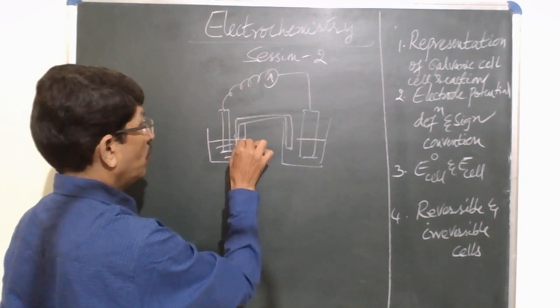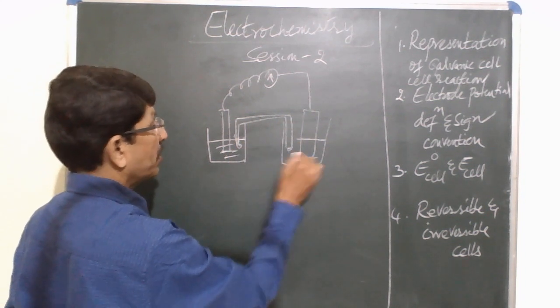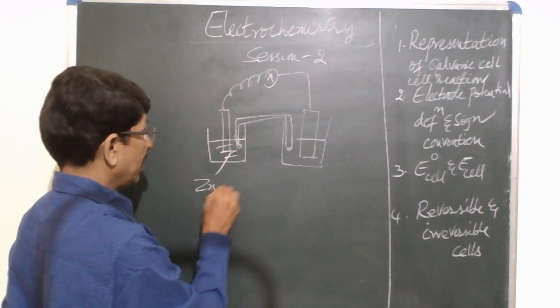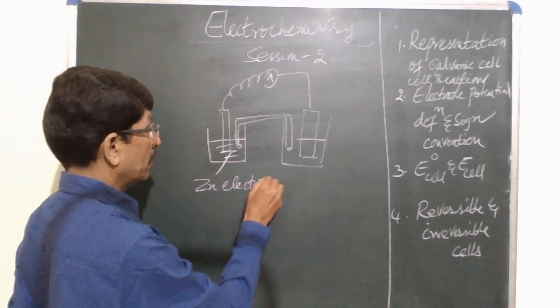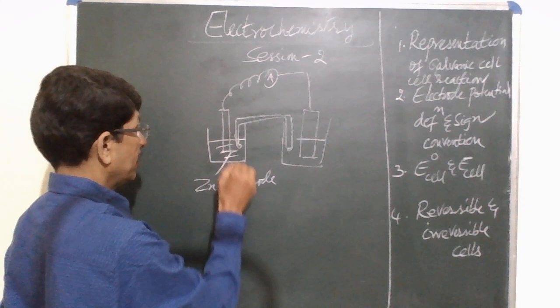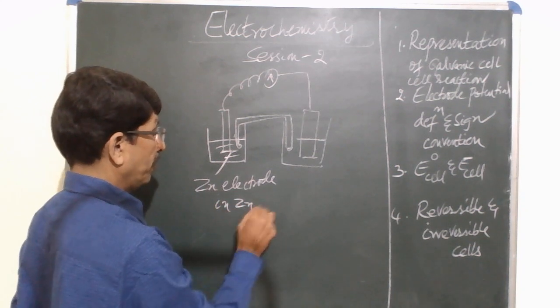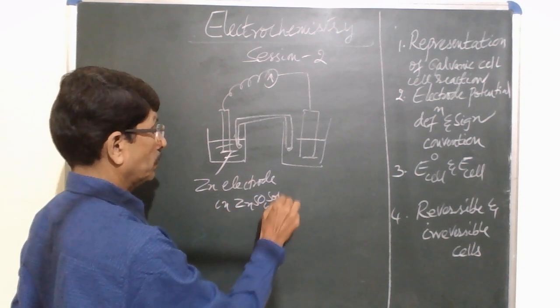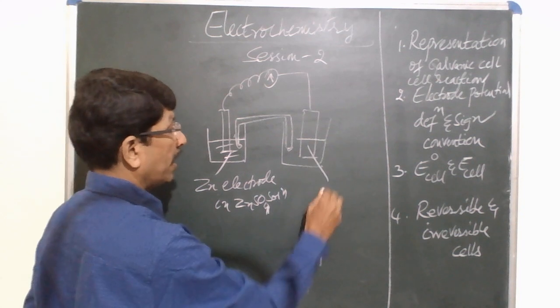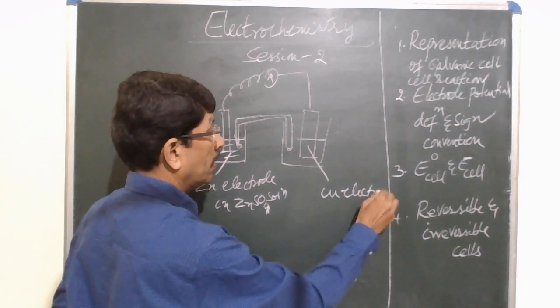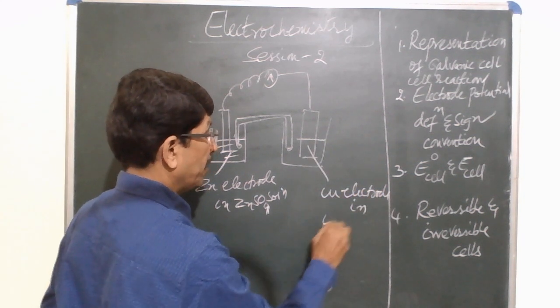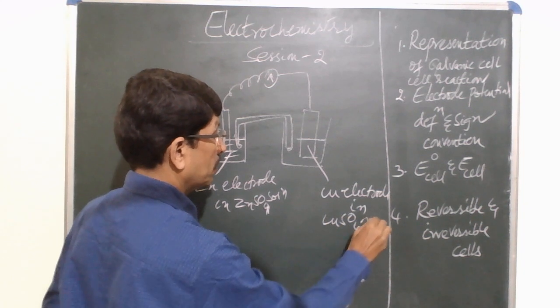So this is how we diagrammatically represent the Daniell cell, where we have a zinc electrode dipped in zinc sulfate solution and a copper electrode dipped in copper sulfate solution.